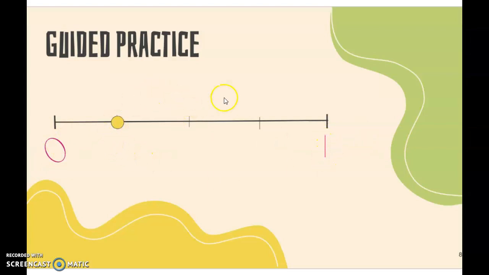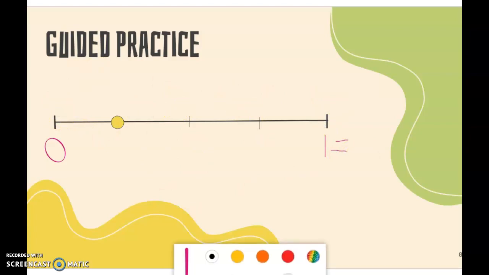So each marker is a fractional part of the whole, one whole. And since my number line has been divided into four parts, I can draw a fraction bar above it to show how each marker represents the whole.